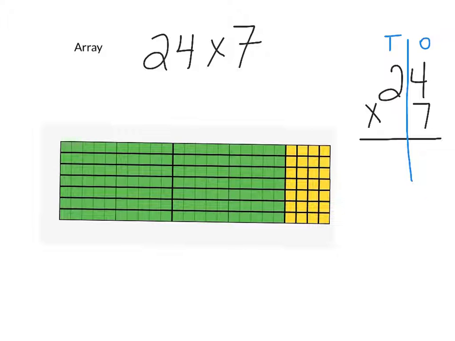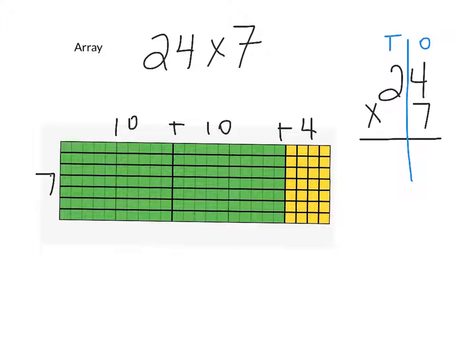So the problem that we're going to work first is 24 times 7. And I have it modeled here as an array because I have 10 plus 10 plus 4, which is my 24. And I have 7 down the side. So when I think about this array, I basically have 2 different parts to it.